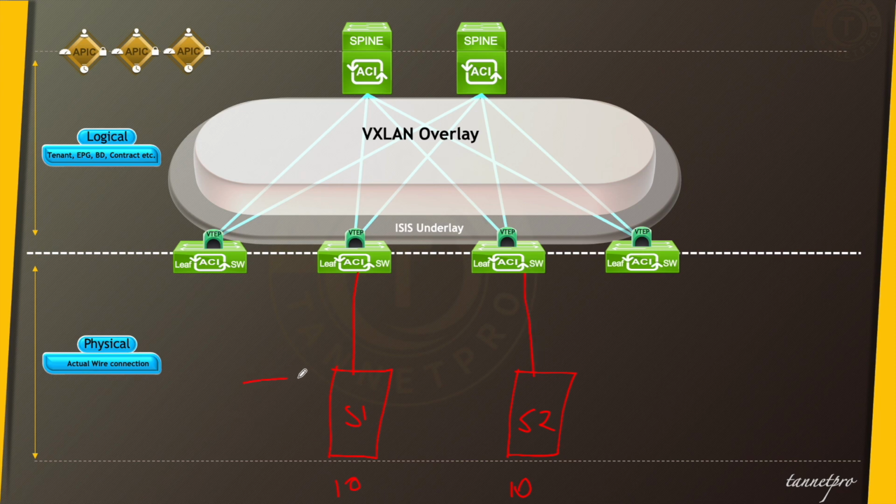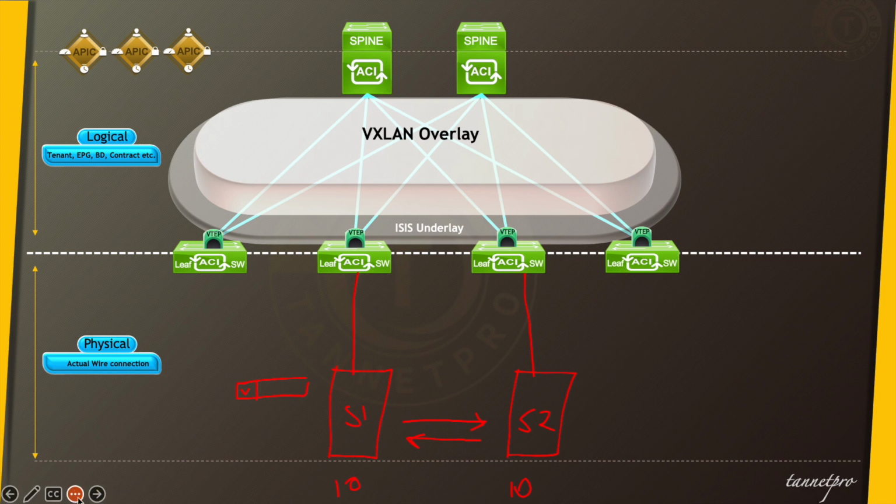Whenever this server wants to communicate with server 2, and server 2 wants to reply to server 1, then when server 1 sends a packet, one portion of that packet would be the VLAN tagging.